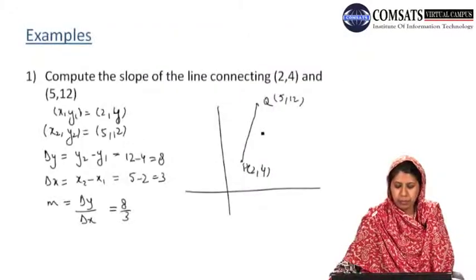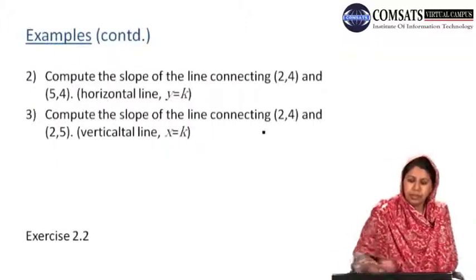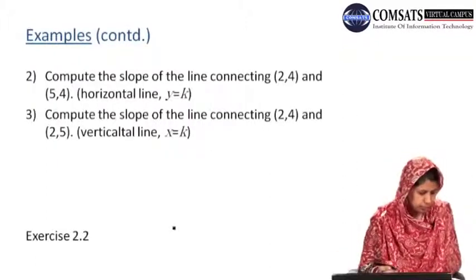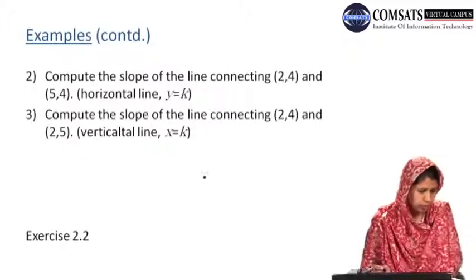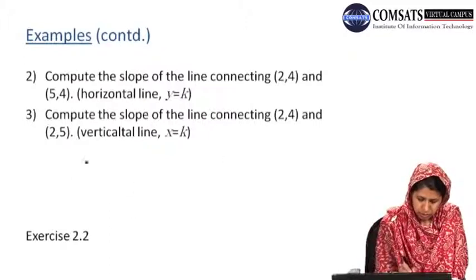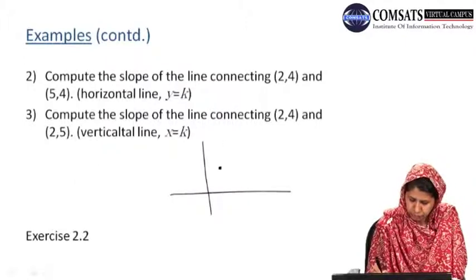Okay, back to our question. We have two points 2, 4 and 5, 4. So this is basically a horizontal line. That is, we have this 2, 4 and we have 5, 4.